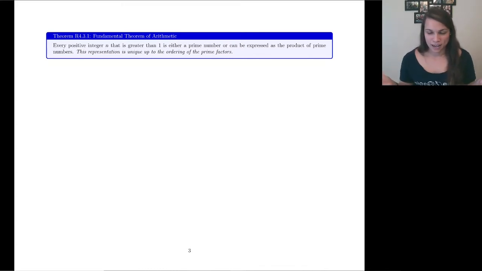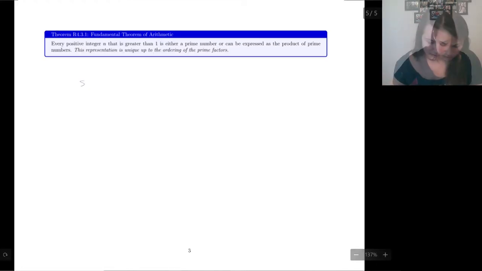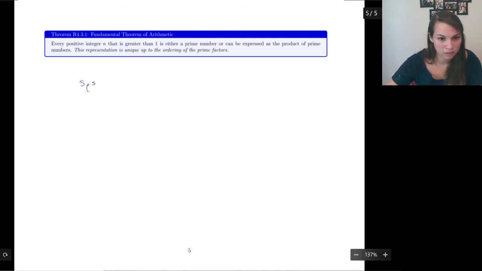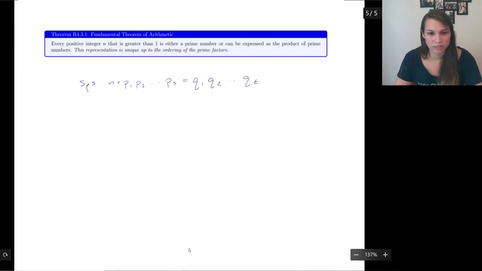So let's go ahead and prove that this is unique the same way we always go about uniqueness, by assuming there are two of them. Suppose for a moment that n is equal to the prime factorization p1, p2, up to ps, but it also has the prime factorization involving these q's, where the q's go up to t. Now, either they have the same number of primes, or one of them has more.